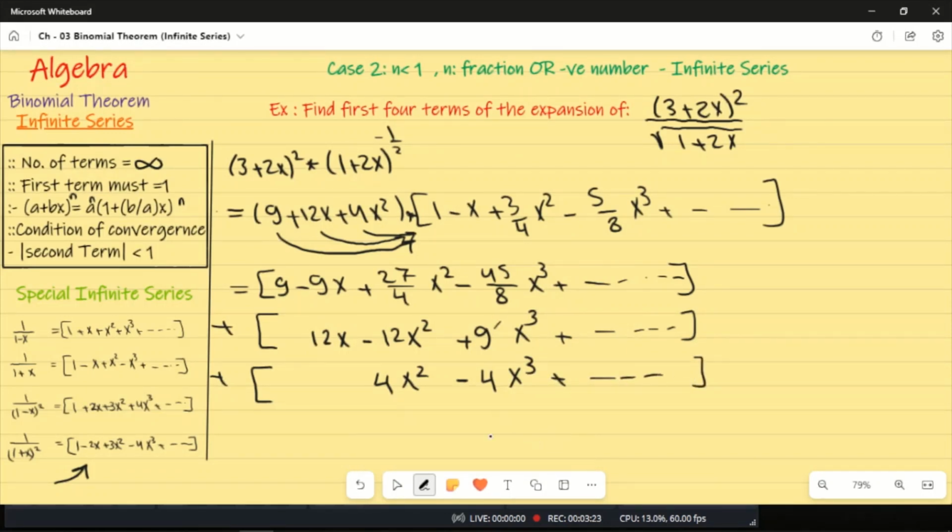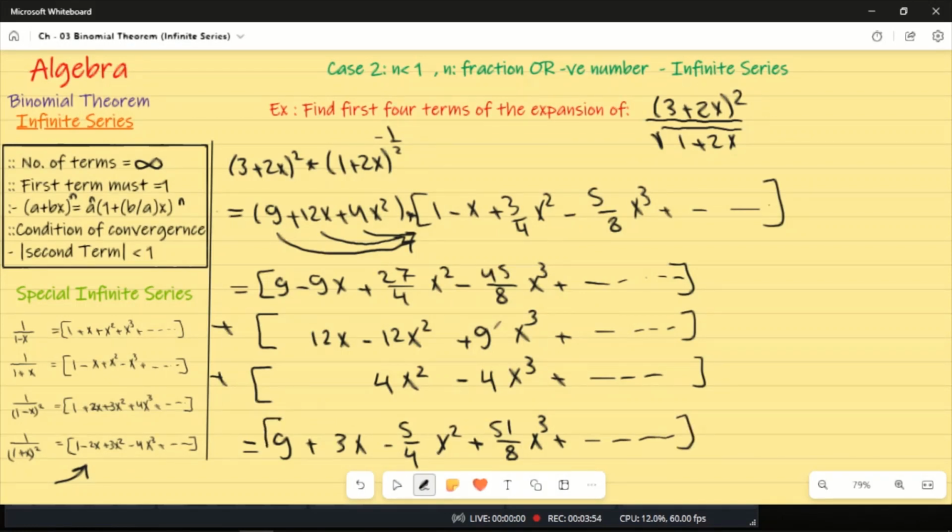So the final result here is this equal to 9 plus 3x minus 5 by 4 x squared plus 51 by 8 cubic x plus the completion.